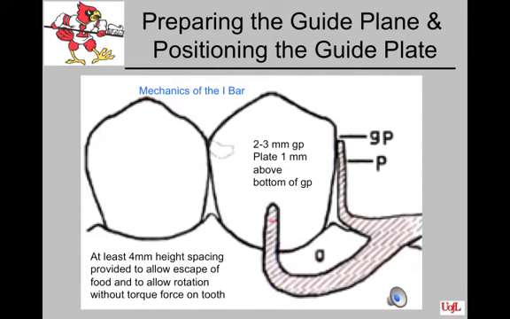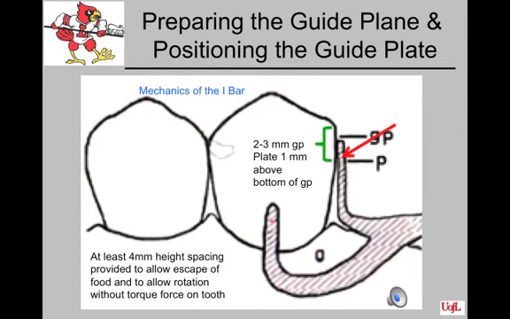This slide illustrates that the guiding plane is prepared through an area of 2 to 3 millimeters from the marginal ridge downward. The guiding plate is placed 1 millimeter above the bottom of the guide plane that you just prepared and touches the tooth through an area of at least 1 millimeter in height.